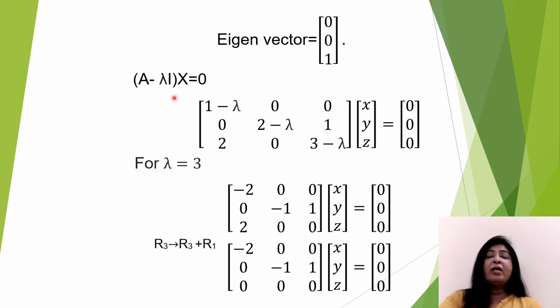Next you have (A minus lambda I) x is equal to 0. Now this is for lambda is equal to 3. So I have taken lambda is equal to 3 over here. Then I apply the elementary row operation R3 plus R1, meaning entries of R3 get added to the entries of R1. So the resultant matrix will be in this form.